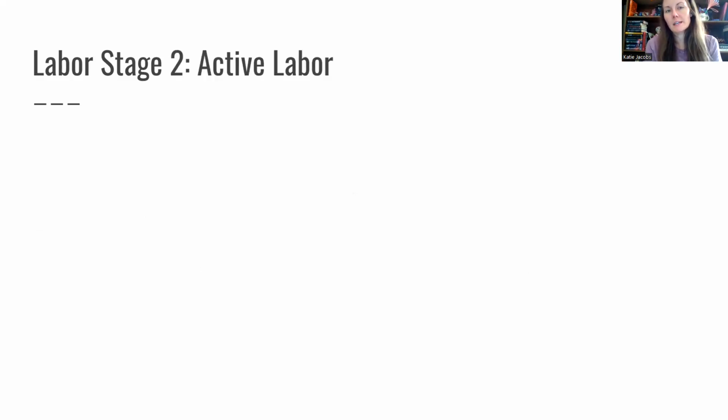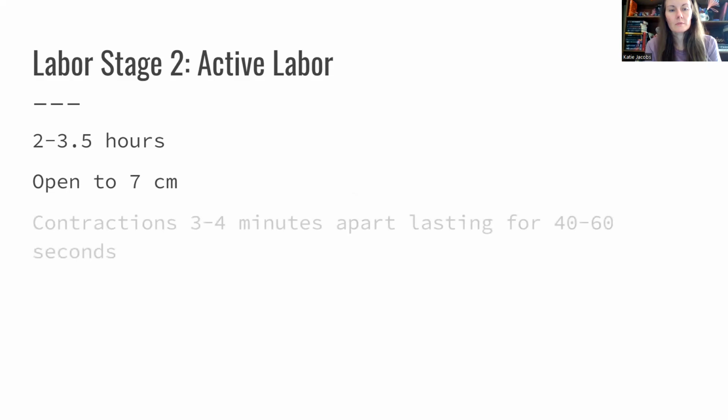So then we move on to stage 2, active labor. This, for most people, lasts 2 to 3.5 hours. And this is when the cervix opens up to 7 centimeters. In this, contractions become 3 to 4 minutes apart, lasting for about 40 to 60 seconds.